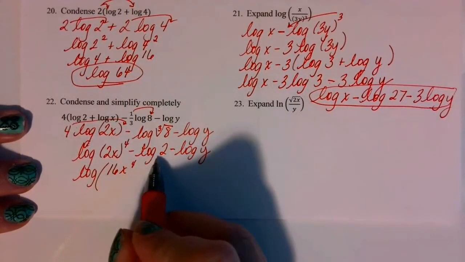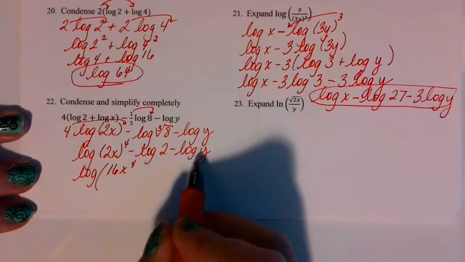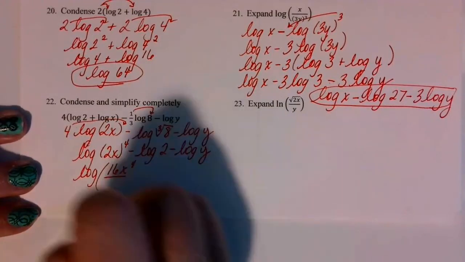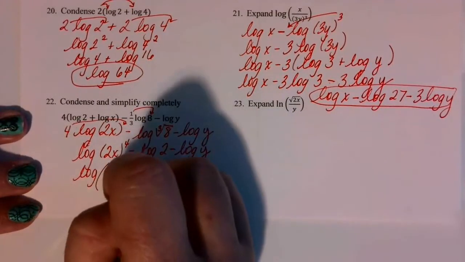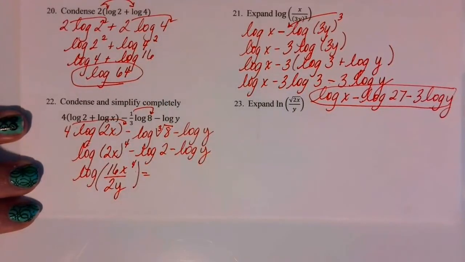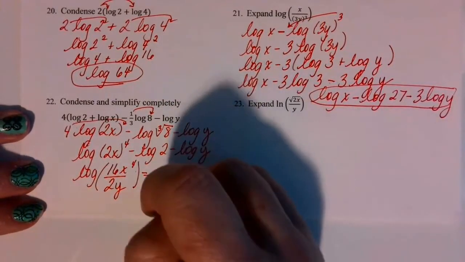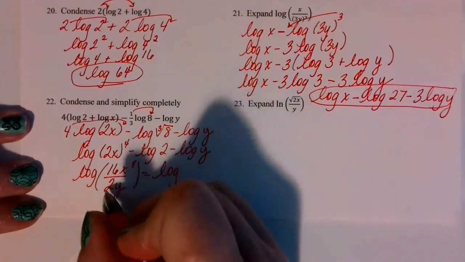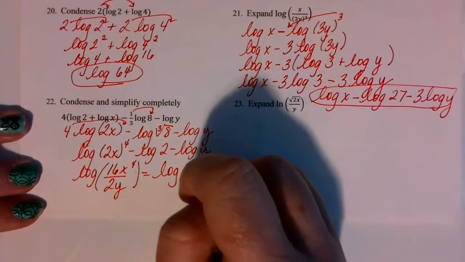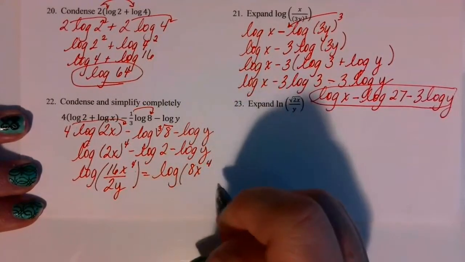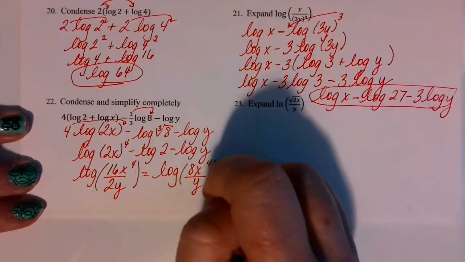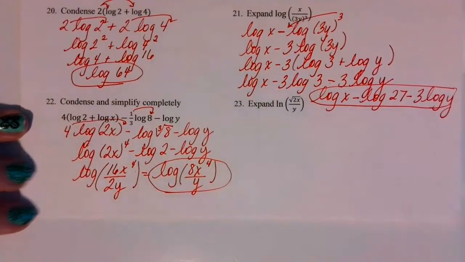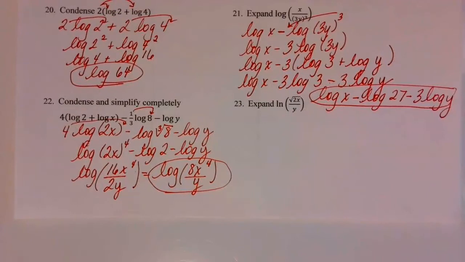Then, since this is a negative log of 2 and a negative log of y, the quotient property would pull that 2 and that y into the denominator. And then we can simplify 16 divided by 2 is 8. So we'll have an 8x to the 4th divided by y as the argument of our single log.